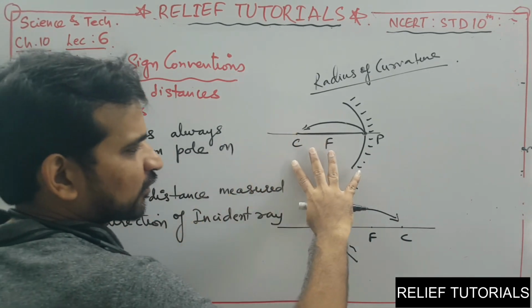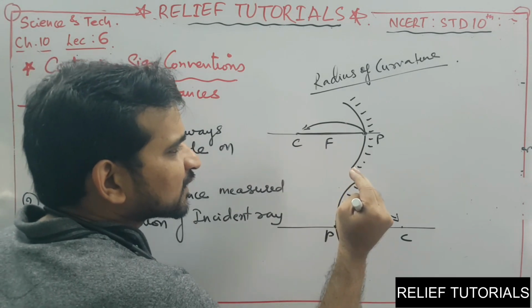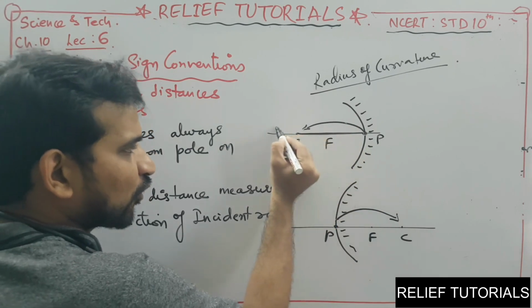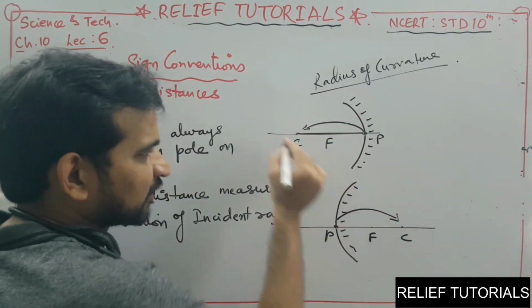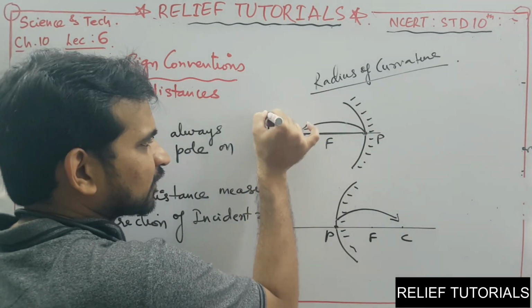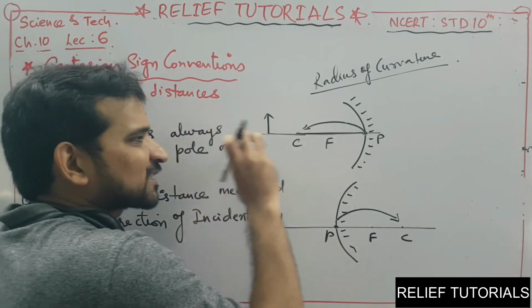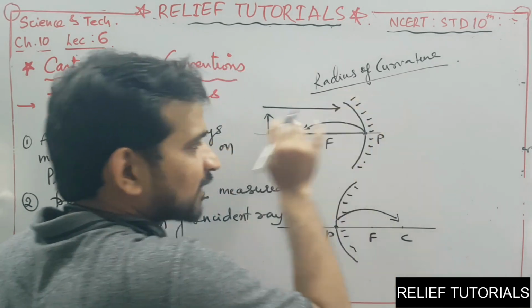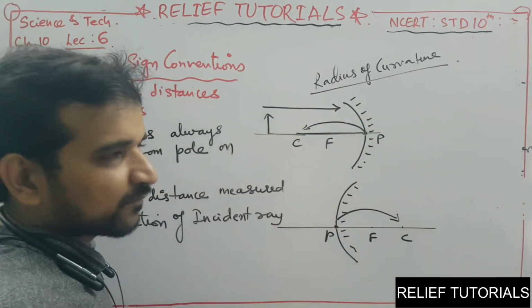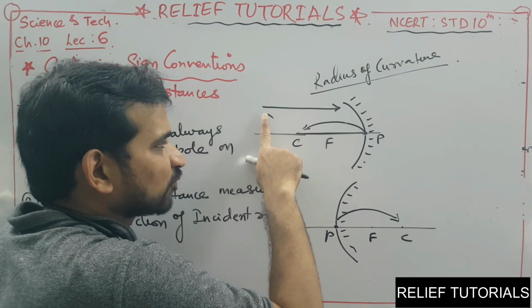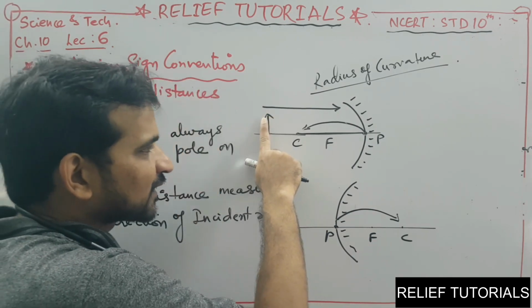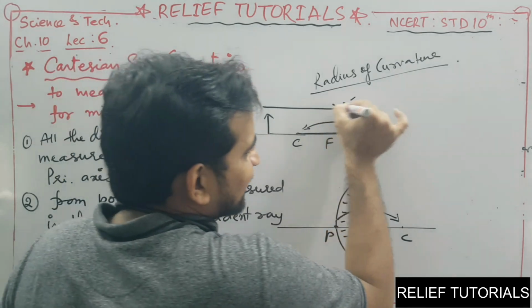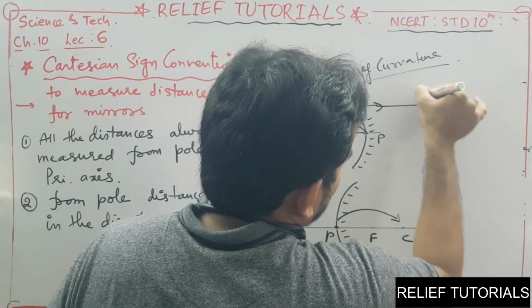Listen, this is concave mirror. Where you are going to place the object? In front of it, maybe here or here or here or at infinite distance, wherever. Consider you are placing the object here. So in which direction does the incident ray go? So I think this is the direction of incident ray. Can you see that? Here is the object. So obviously, to form the image, the ray is incident in this way only. So this direction is taken as positive.